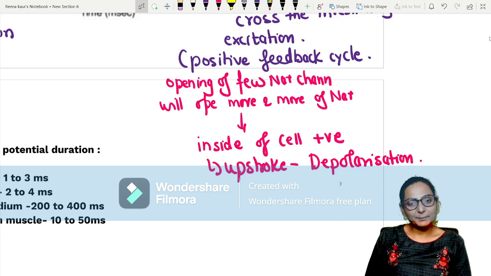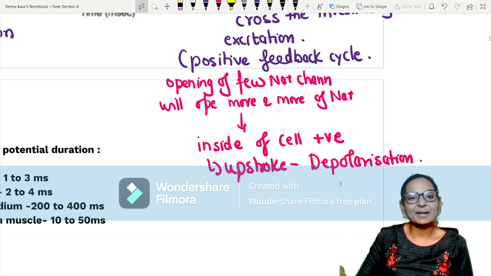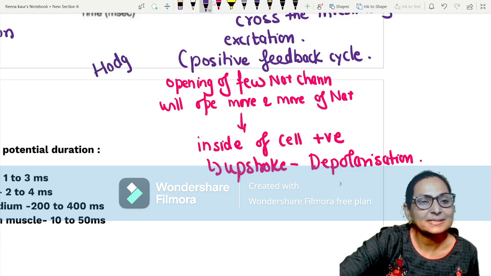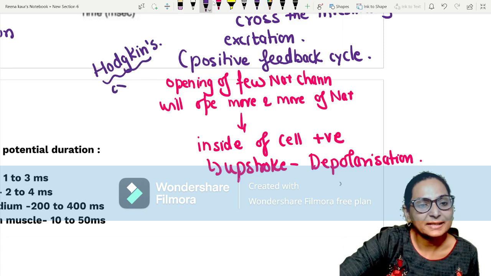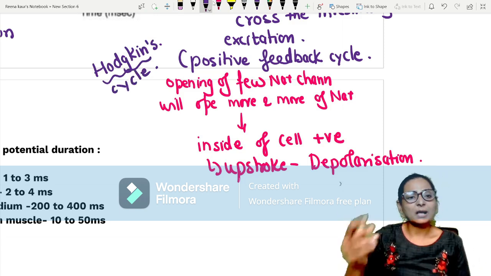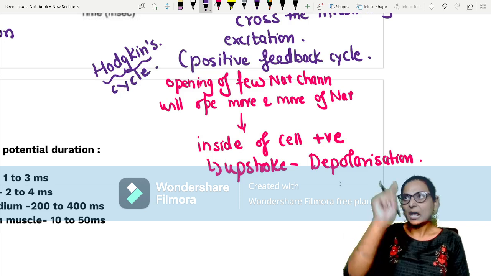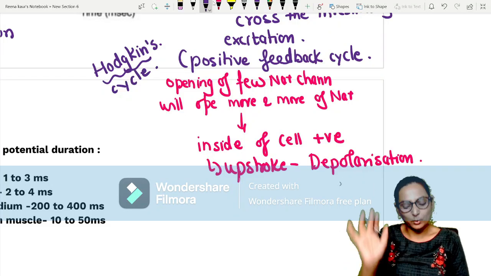The cause of depolarization is the positive feedback cycle, which is also called the Hodgkin's cycle, that is causing a large amount of sodium to come inside, creating positivity, and positivity creating an upstroke and depolarization.